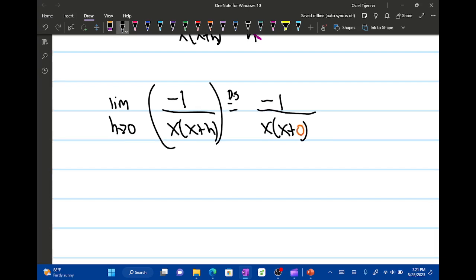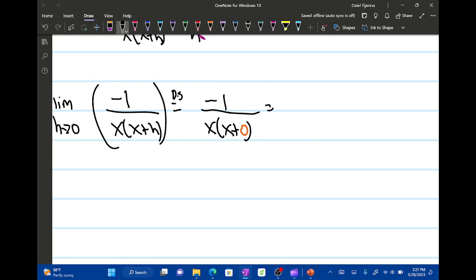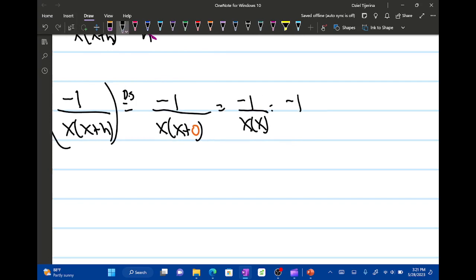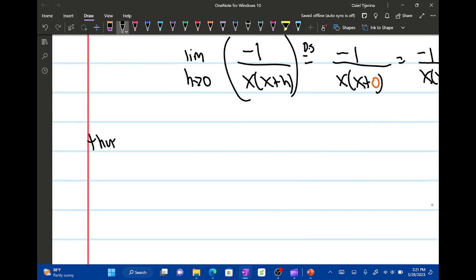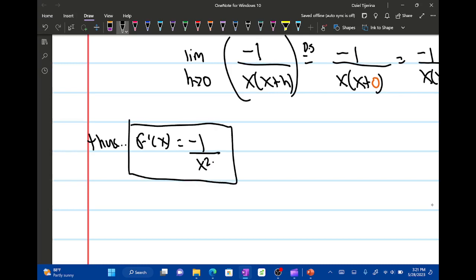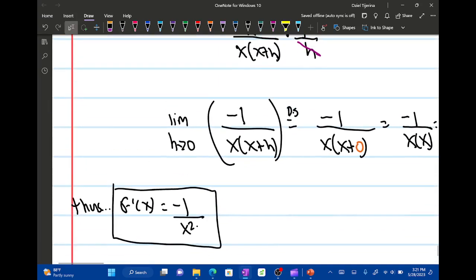With a little bit of algebra, we get negative 1 over x times x, which is equal to negative 1 over x squared. So we know that this is our derivative. Thus, f prime of x is equal to negative 1 over x squared. And that is how you find the derivative of this function using the definition of a derivative.